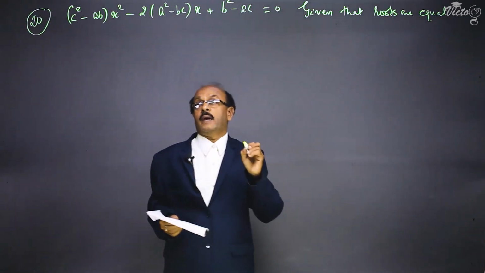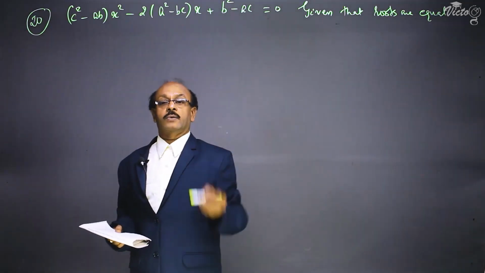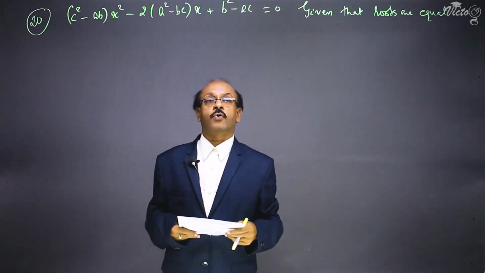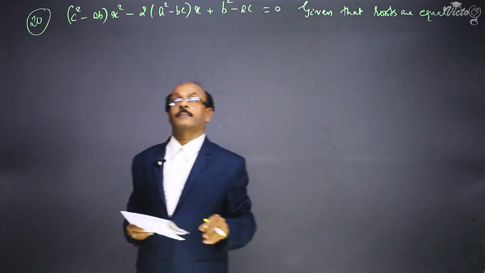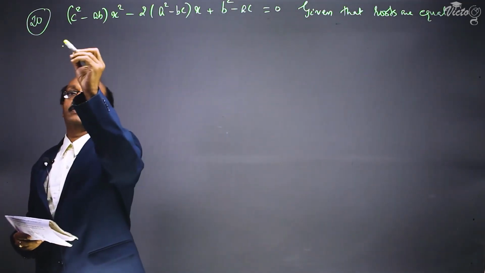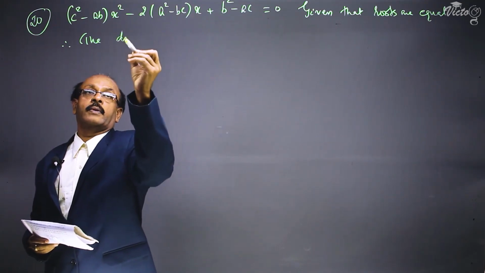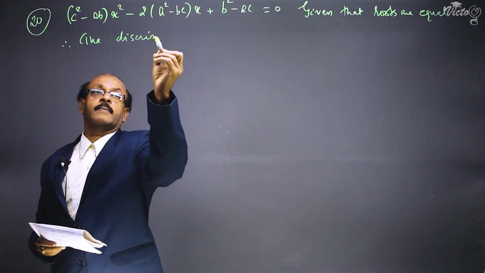Since a, b, c are already in the question, we can use capital A, capital B and capital C for finding B square minus 4AC. Therefore, the discriminant is 0.